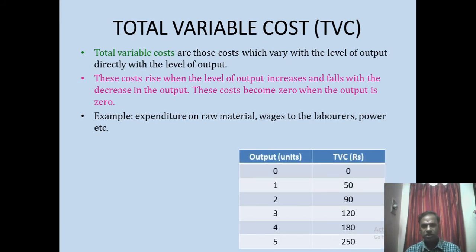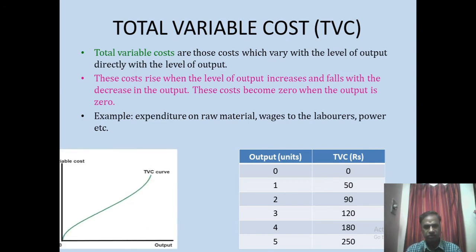So these are all the variable costs. You see in this schedule, when the output is zero, total variable cost is zero. When the output increases, total variable cost increases. So you can see that the total variable cost increases with the increase in level of output. If we want to increase the output, the expenditure on the variable cost will increase.